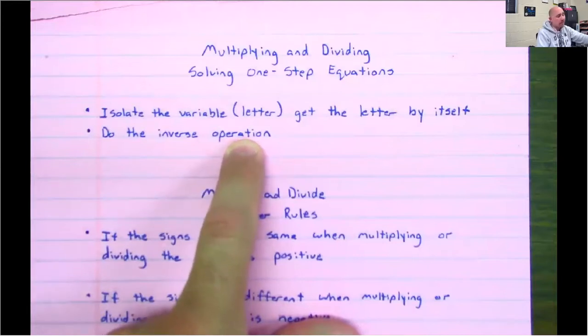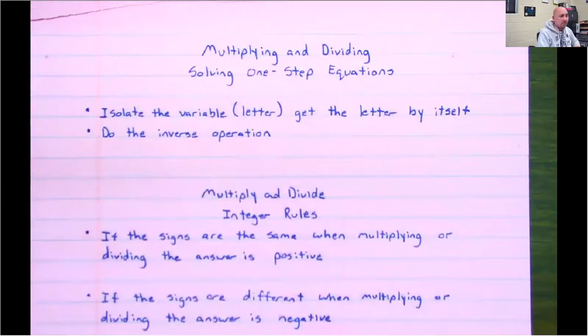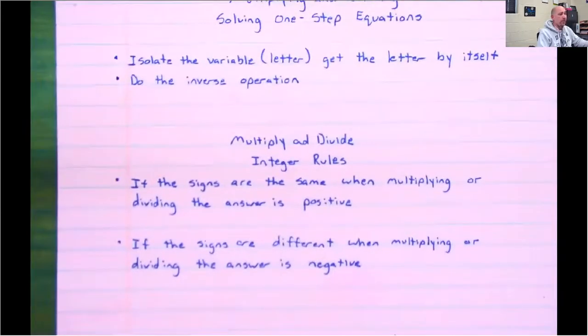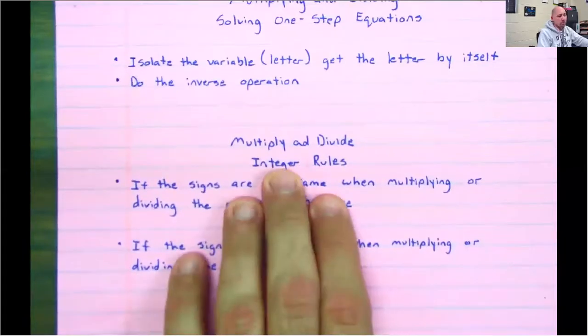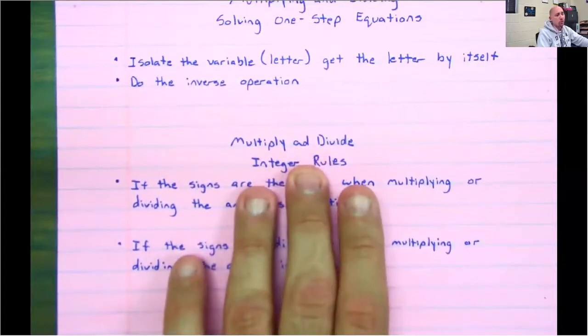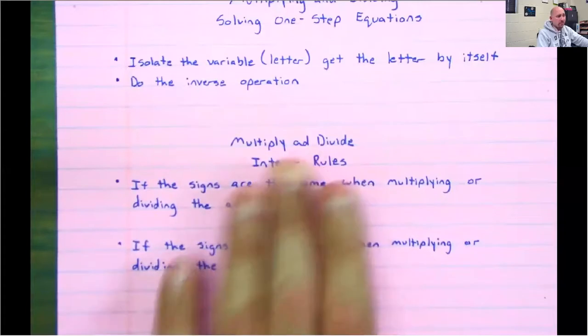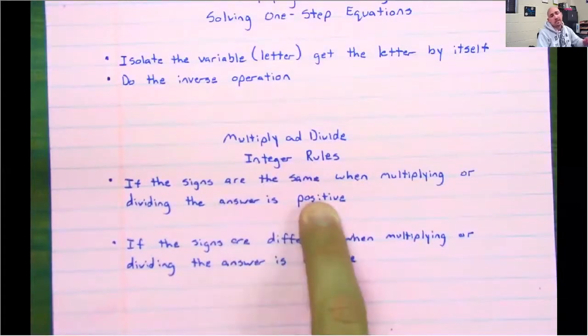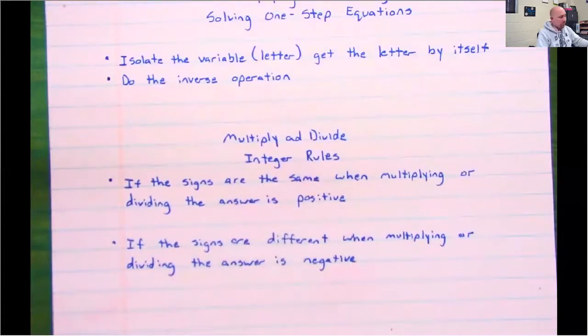The opposite of multiply is to divide. The opposite of dividing is multiplying. Now again, going back to the beginning of the school year, multiply and divide integer rules. It's simple. If the signs are the same, the answer is positive. If the signs are different, the answer is negative. Again, that's only when you are multiplying and dividing.